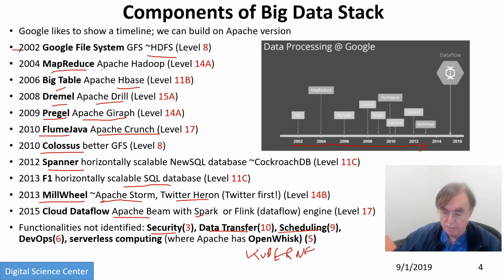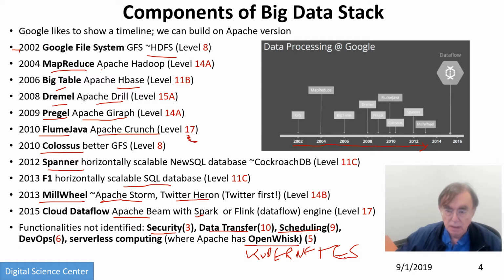Serverless computing, I mean, Google App Engine supports serverless computing, but they didn't have the early dominant software. Actually, it first came, I think, from Amazon, although OpenWhisk, which is Apache serverless, comes from IBM.